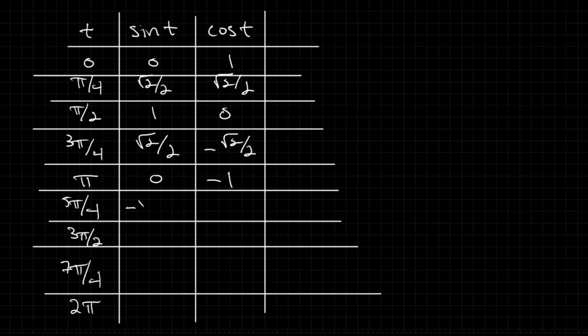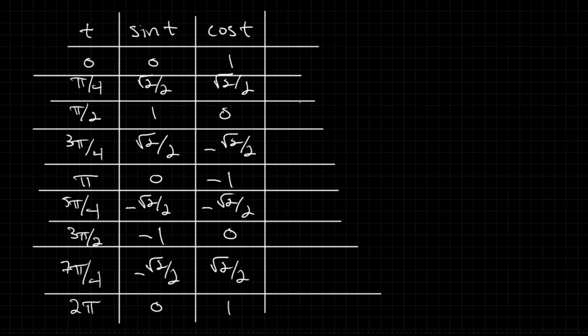Then at 5 pi over 4, both sine and cosine are minus root 2 over 2. Then at 3 pi over 2, sine is negative 1 and cosine is 0. Now at 7 pi over 4, sine of t is minus root 2 over 2, and cosine of t is positive root 2 over 2. And then finally, at 2 pi, sine is 0, and cosine is 1.